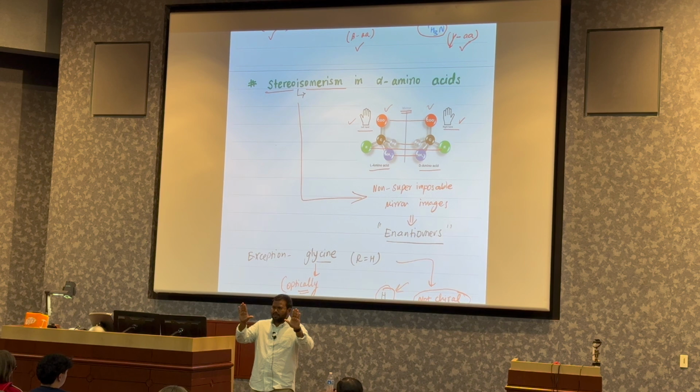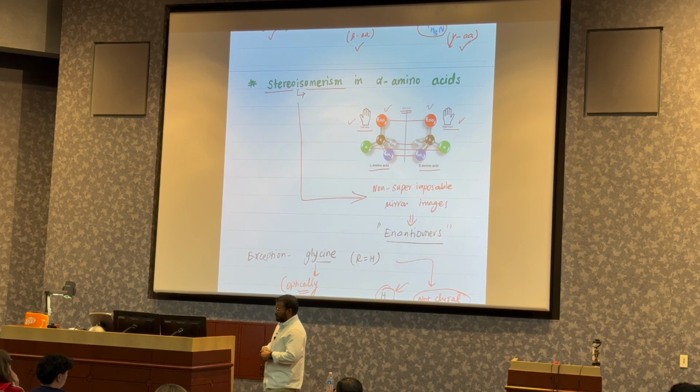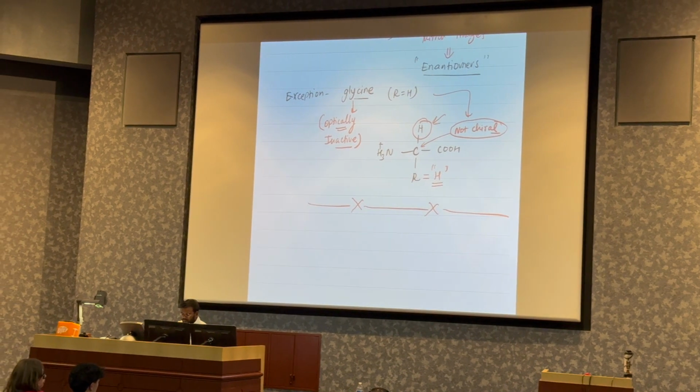These are mirror images, but they are not superimposable. That's why they are called enantiomers. If I take these 2 images and flip one like this, it is completely superimposable, right? So non-superimposable mirror images are enantiomers. That's what amino acids are. These are mostly optical isomers, but they are categorized under enantiomers for explanation.